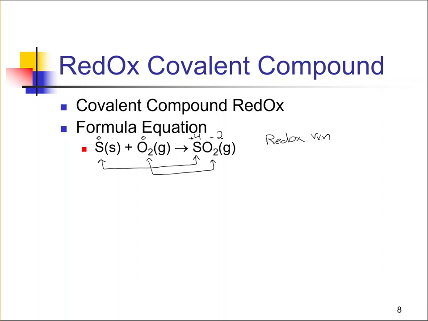Now let's look at the oxidation and reduction half reactions here. Sulfur from 0 is going to positive 4, meaning that it has lost 4 electrons. Losing electrons is oxidation, so this is the oxidation half reaction. Oxygen, on the other hand, is going from 0 to negative 2, meaning that oxygen has gained electrons.